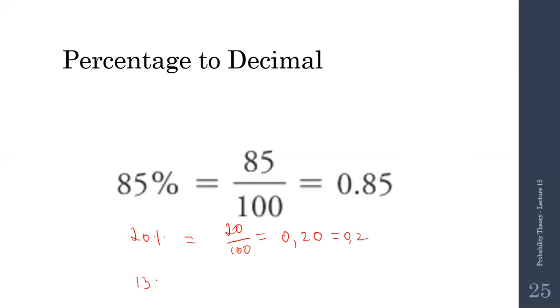If we have 13%, divide by 100 again, we get 0.13. That is percentage to decimal.